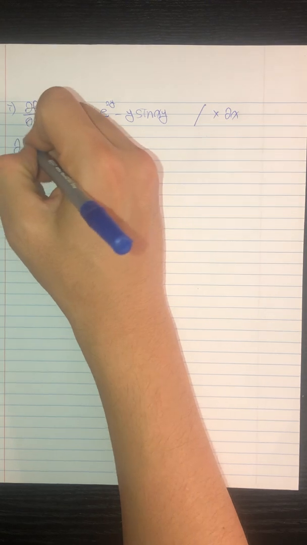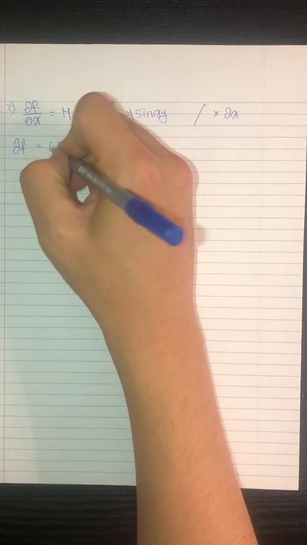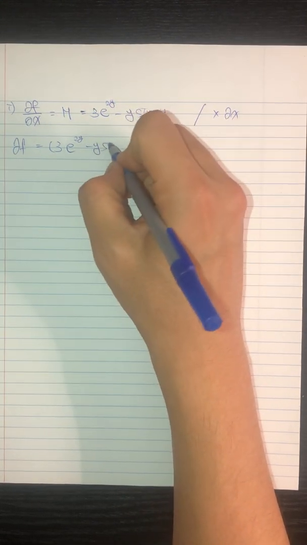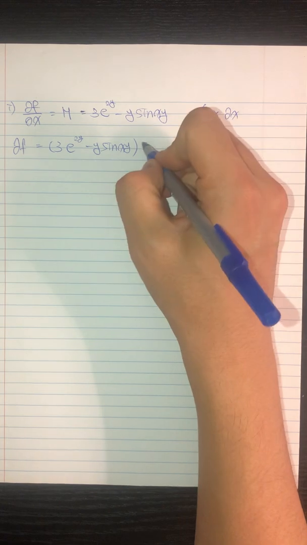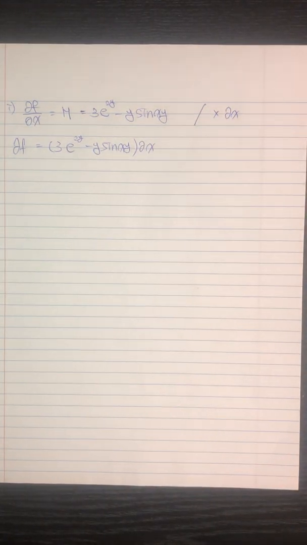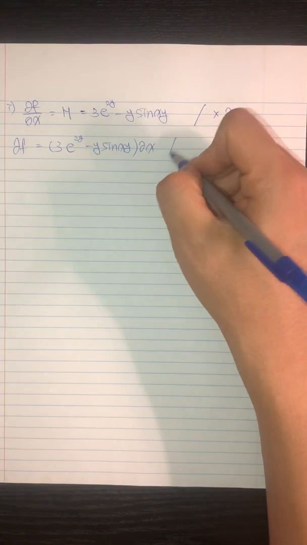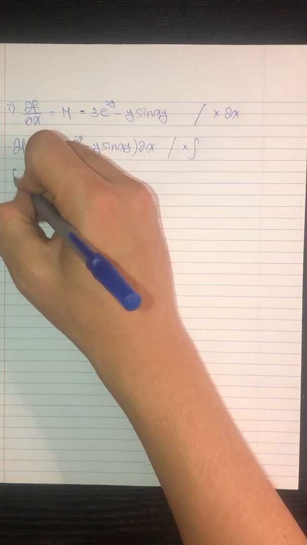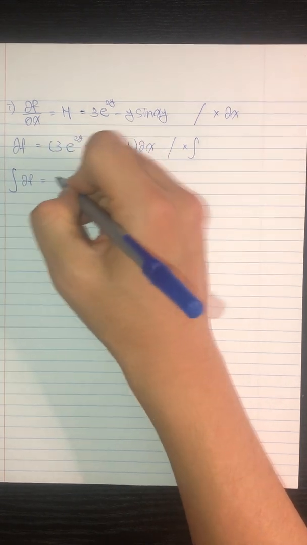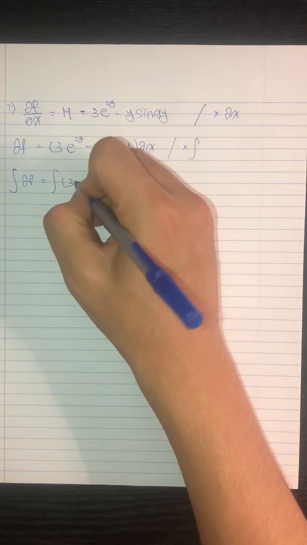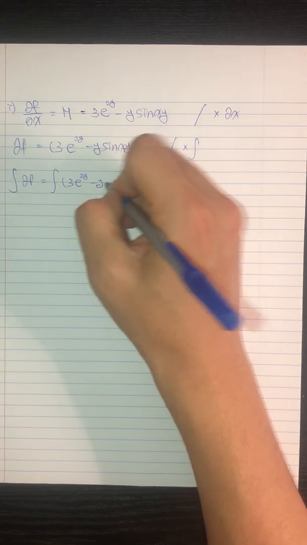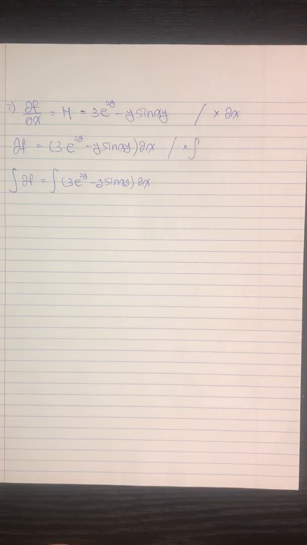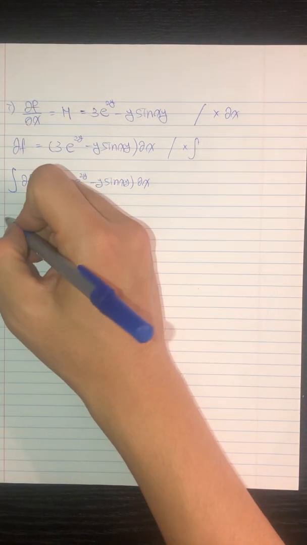So ∂f equals (3e^y minus y sin(xy)) ∂x, and then we can integrate the whole equation. So the integral of ∂f equals the integral of (3e^y minus y sin(xy)) ∂x.